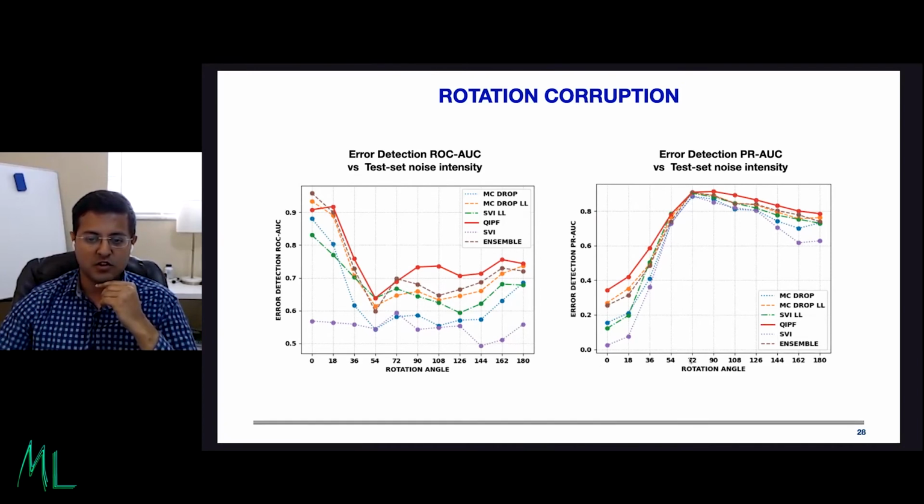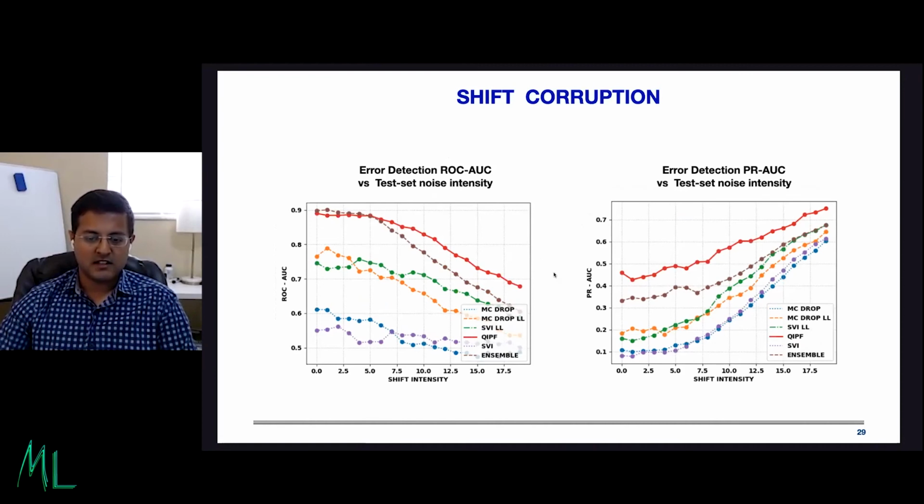As we increase the rotation angle, the error detection PR AUC remains higher for QIPF as compared to other methods. And similarly, this example shows for shift corruption, QIPF still performs better than all of the other methods.